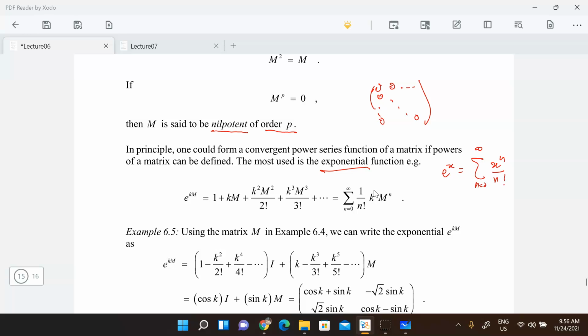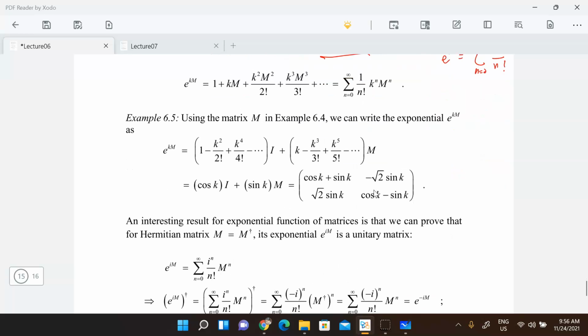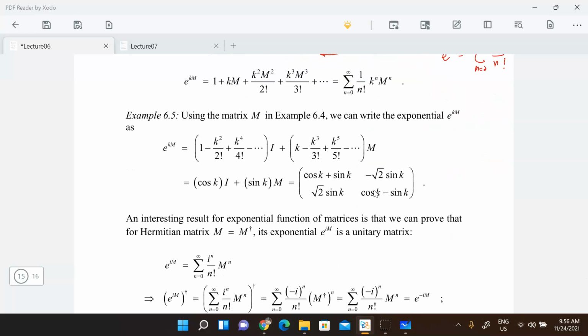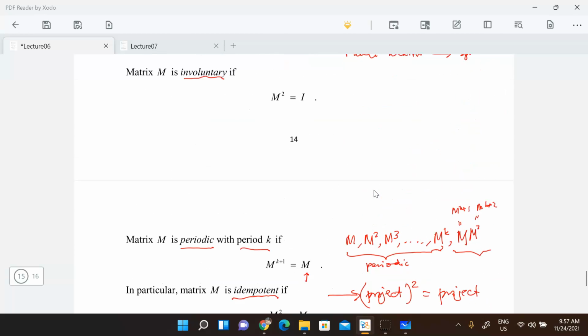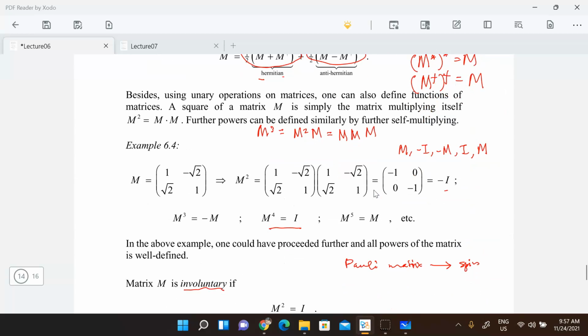Let's consider the case of a matrix. I'm going to use this particular example first, example 6.4, this matrix.